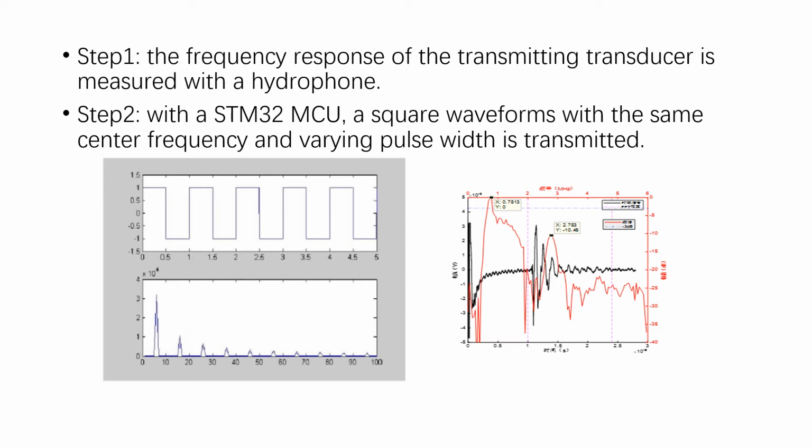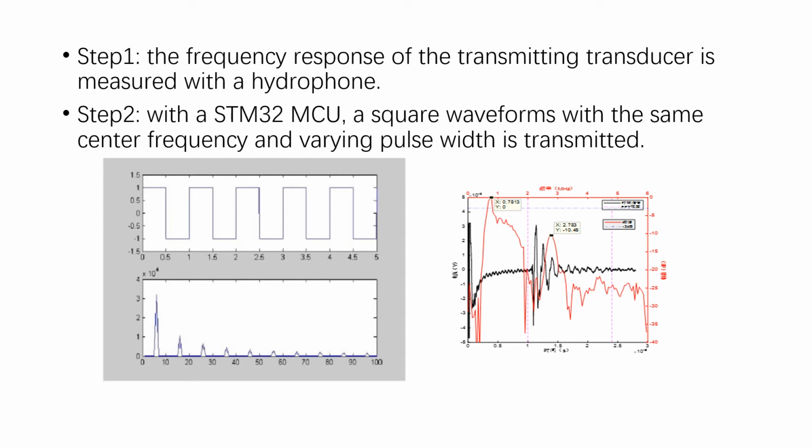Afterwards, with the STM32 MCU, square waveforms with the same central frequency and varying pulse width are transmitted.